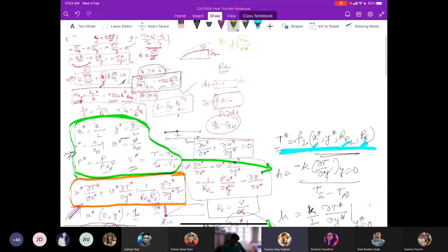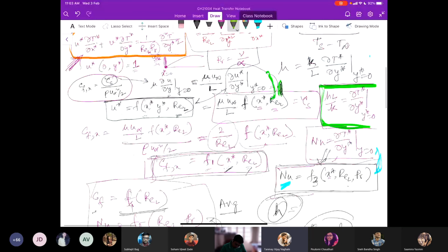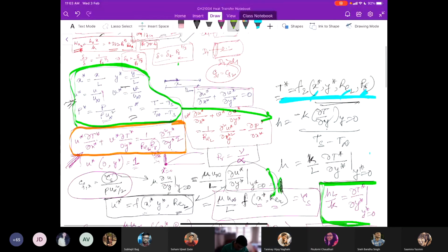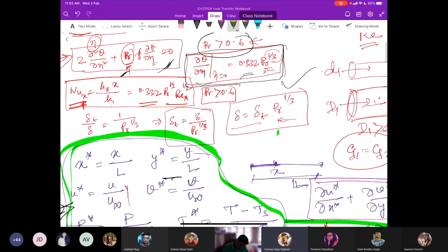Just a second, which one is this? Which equation are you telling? So this Nusselt number is equal to 0.332, this one, right?